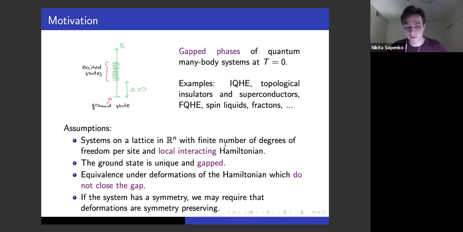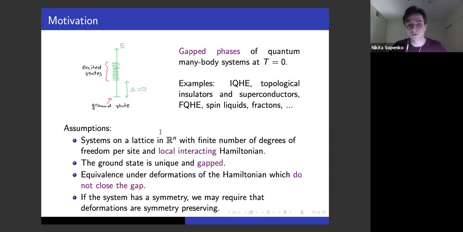Well, one setup where we can try to make this problem precise is the setup of gapped phases of matter. And by that, I mean the following. We have some quantum many-body system at zero temperature, and it has some Hamiltonian such that the interaction between degrees of freedom which are far away decays rapidly. And this Hamiltonian has a spectrum like on this picture.